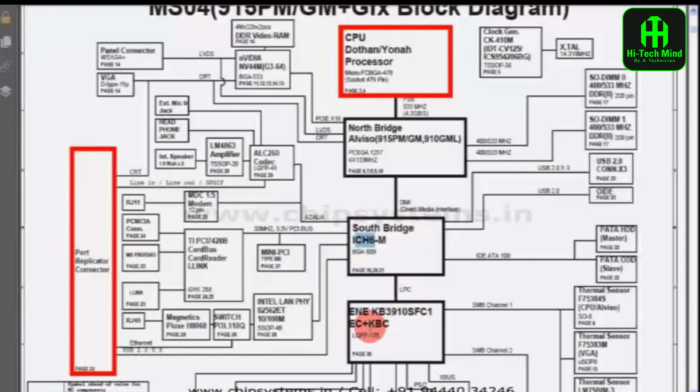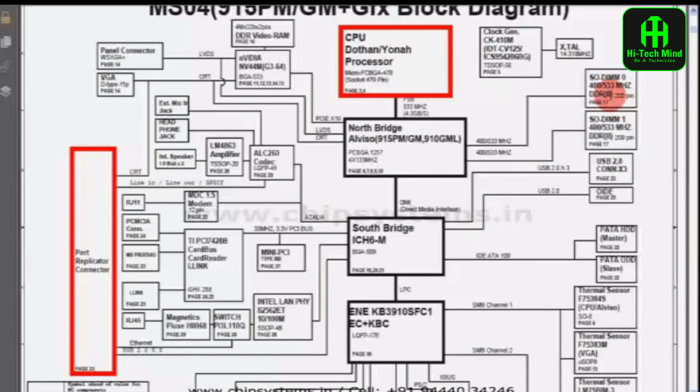This block is the input IO chip, that is the keyboard controller. EC is an embedded controller. Processor and Northbridge are connected via FSB. Here the bus speed is up to 553 MHz. On the right side is a clock generator, and the Northbridge and Southbridge are connected via direct media interface.